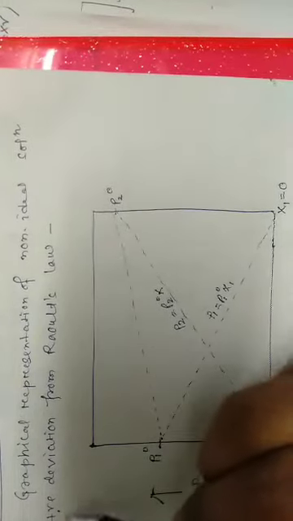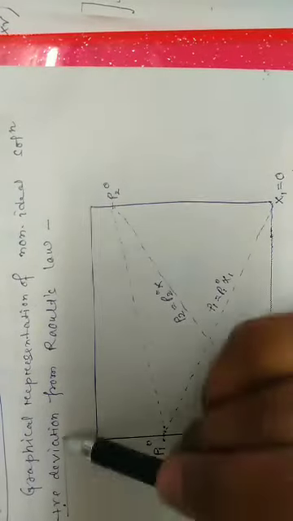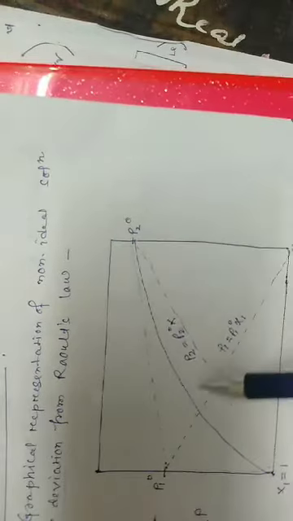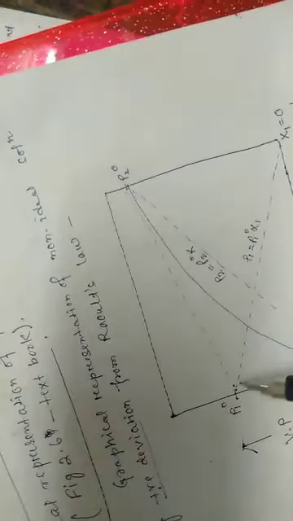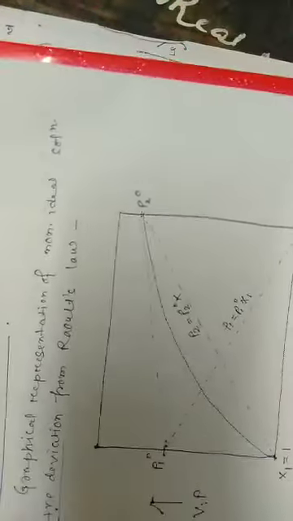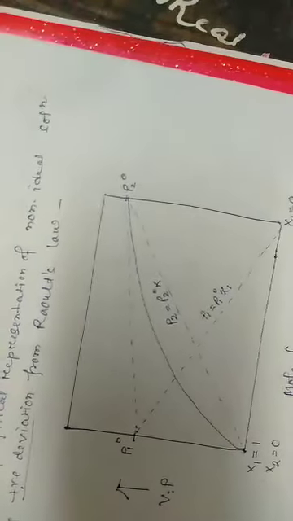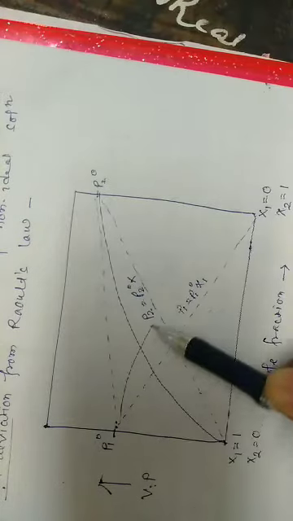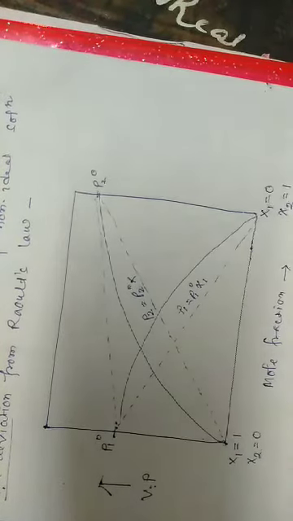So for the positive deviation from Raoult's law, graph is like this. This is the curve. This is for component 2 and this is for component 1.